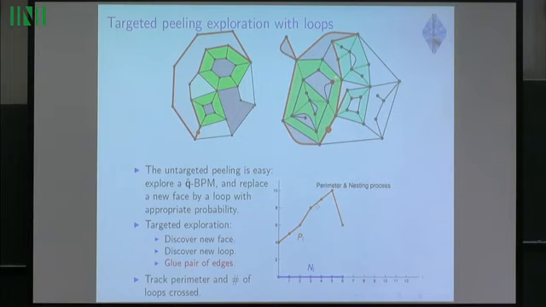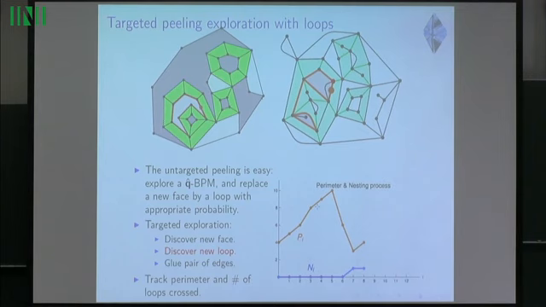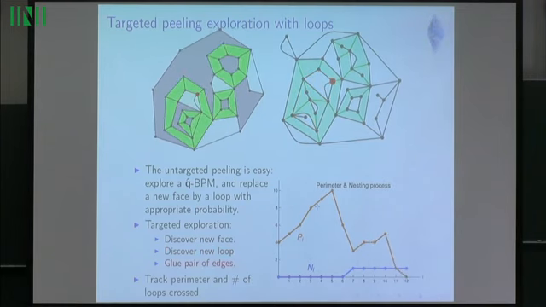But when I have a target in my map that I'm trying to explore, then now and then I have to jump inside of a loop. So I can track the perimeter of the unexplored region containing the marked vertex. It will give me some process, but it's slightly different from the process for the Boltzmann planar maps.